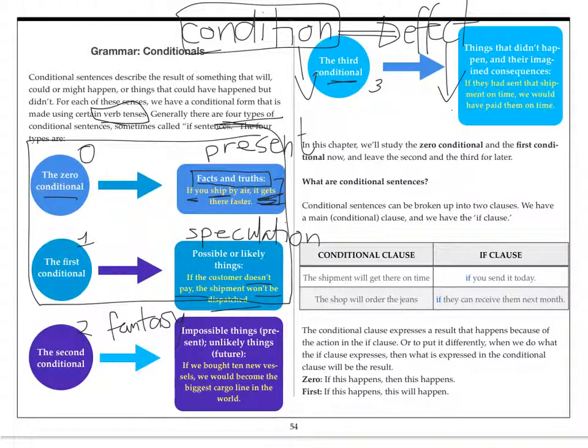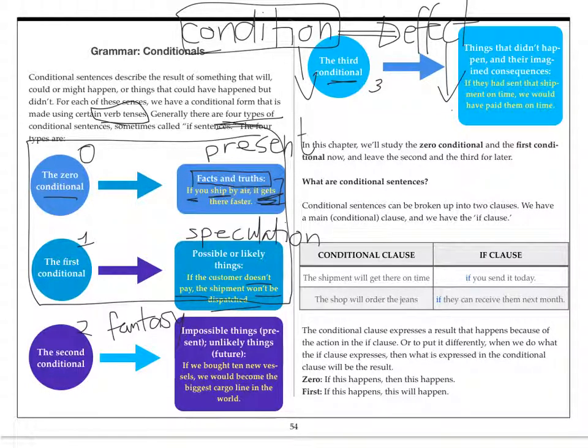So we're talking about something that someone should have done, but they didn't. But if they had done that, then things would have been different. The result would have been different. So we use it to talk about how results could have been different if the conditions were different.